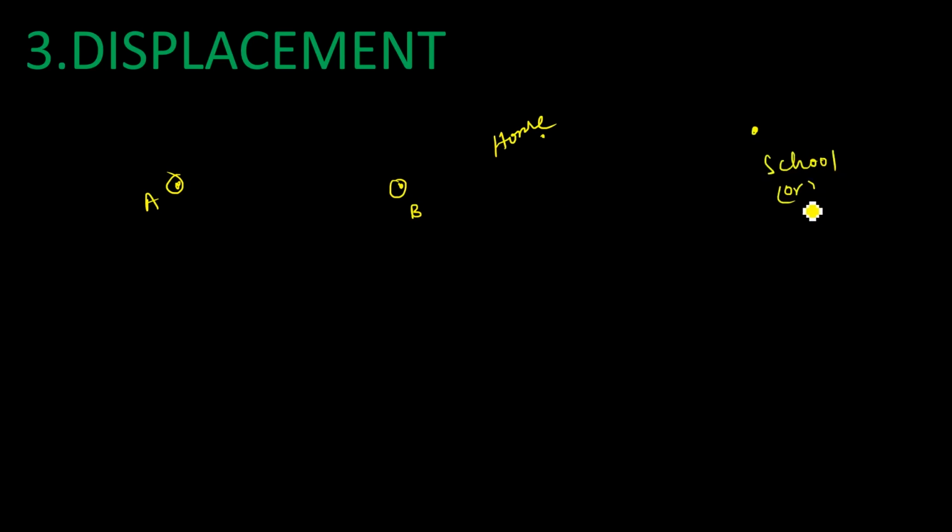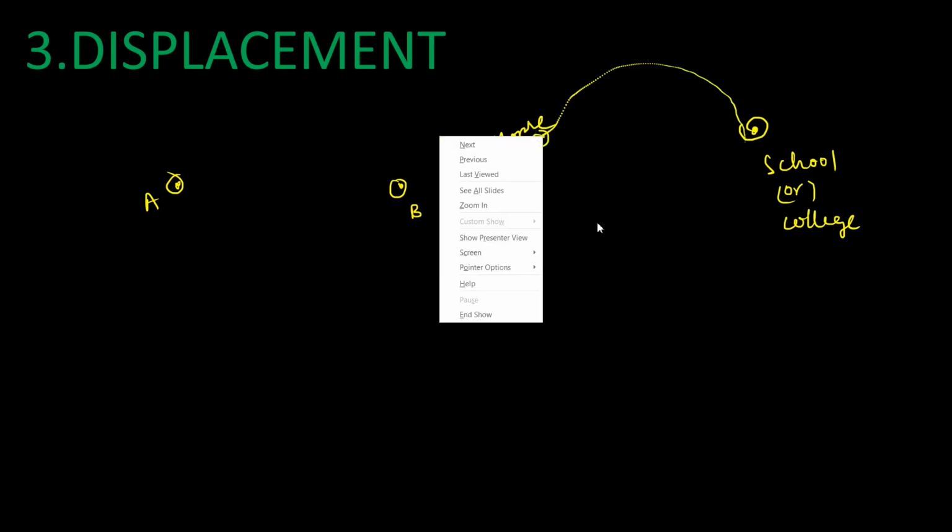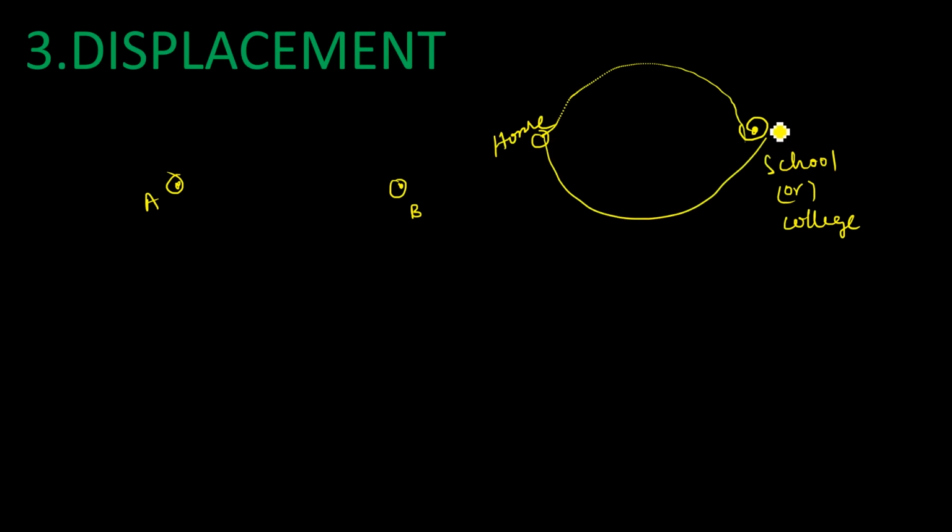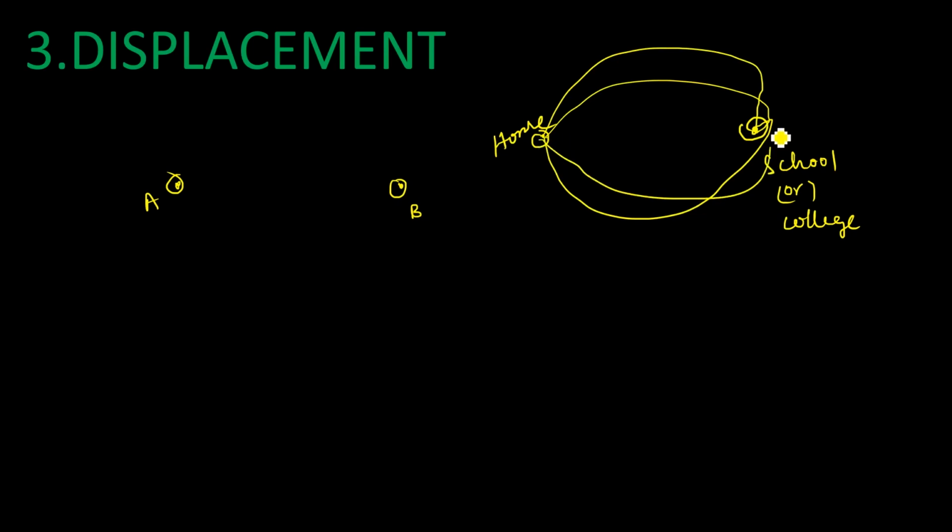Generally from home to school I can travel like this, I can also travel like this, like this, like this. There are many paths, but this is the initial point and this is the final point.